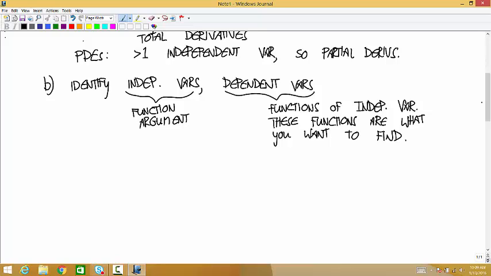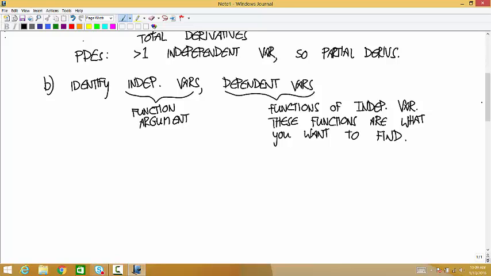Okay, so you can have an ordinary differential equation, the good kind, the kind that we're going to be able to approach in this class, with one independent variable. It needs that to be defined as an ordinary differential equation. But it could have 100 dependent variables, as long as you have 100 differential equations to solve for those 100 functions.